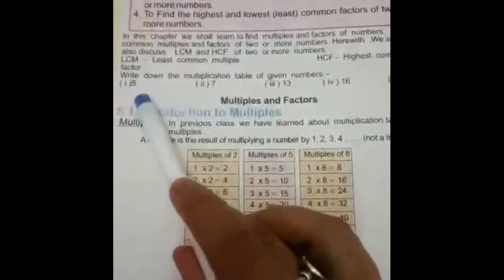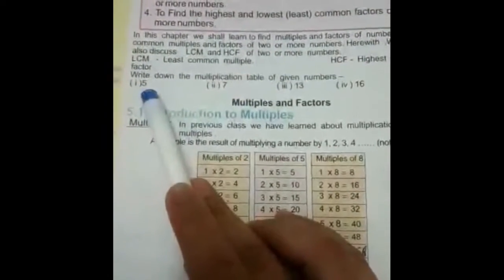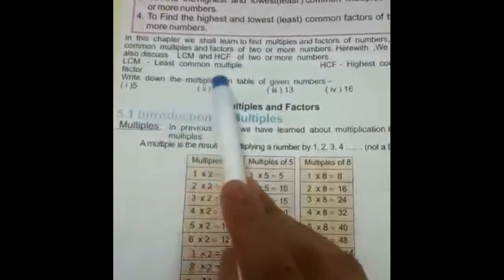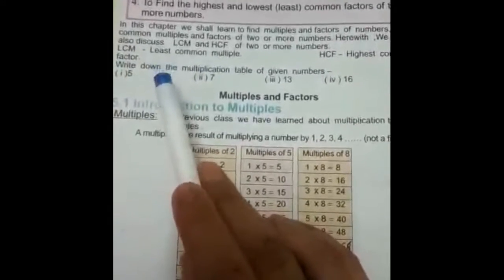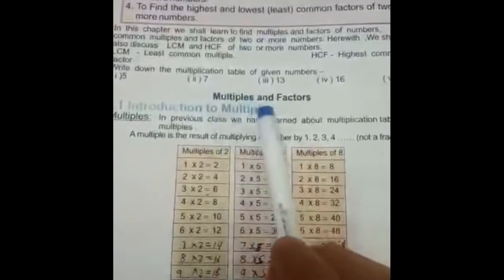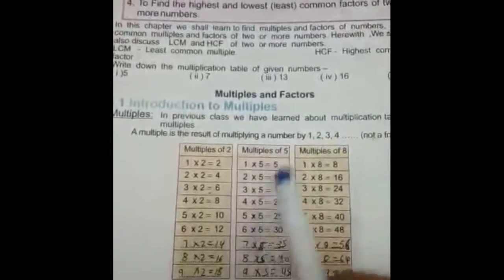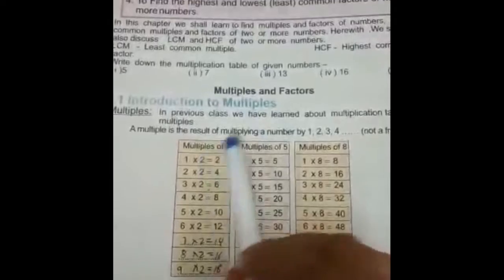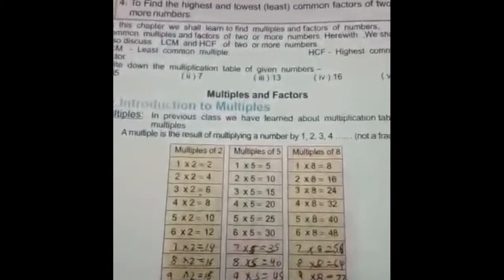For example, if you take 5, you have to multiply 5 with 1, 2, 3, and so on. 5 1s are 5, 5 2s are 10, 5 3s are 15, and so on. In the same way, you will do this for 7, 13, and 16 also. In the multiples, we will learn about common multiples also.